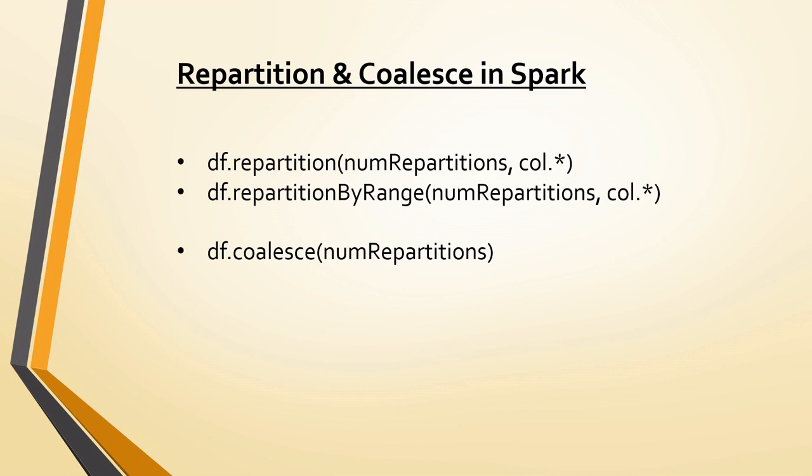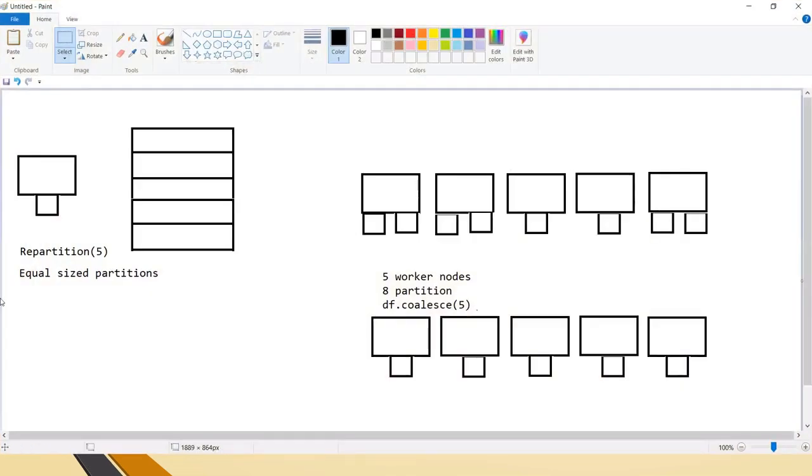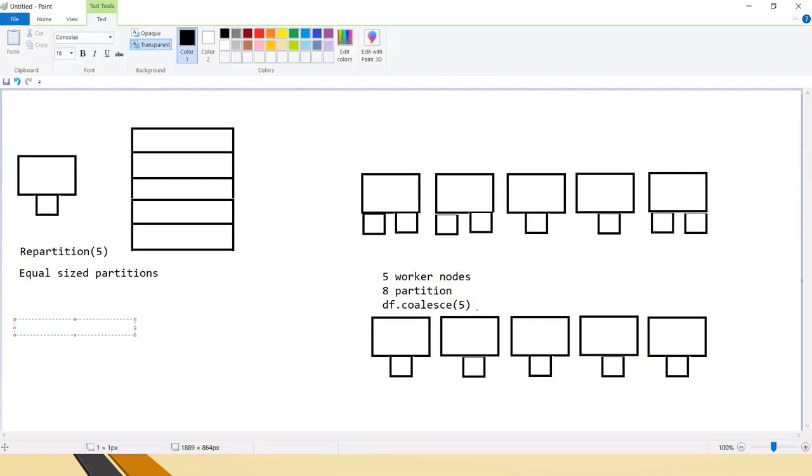So how can we call this repartition? Let's say you have a data frame, df.repartition(5). When you say this, it will consider that we have to make 5 partitions of the data.